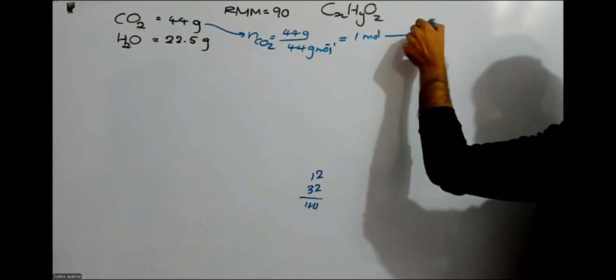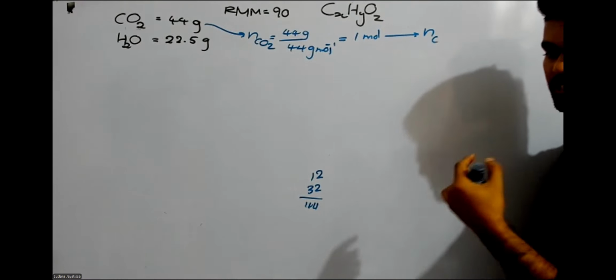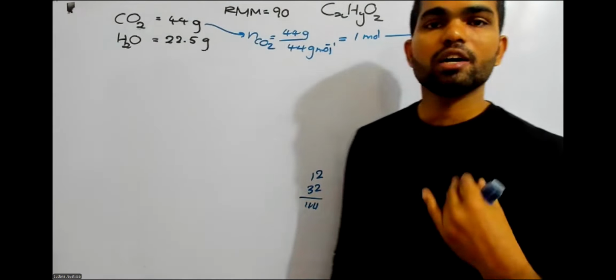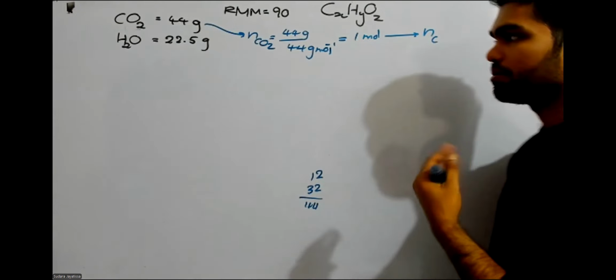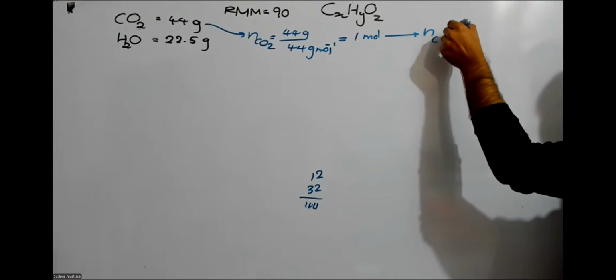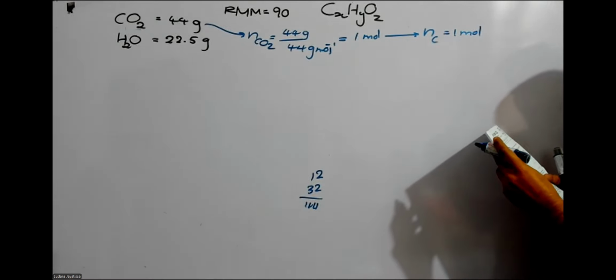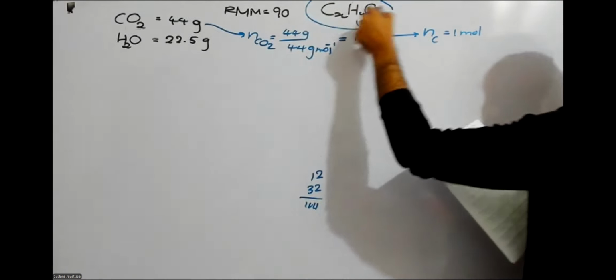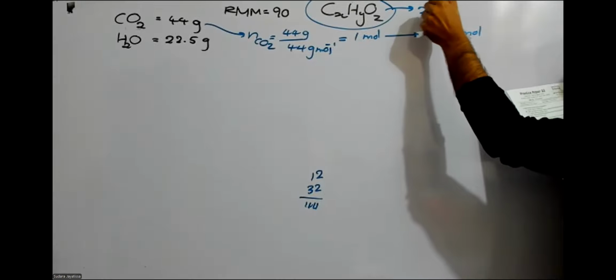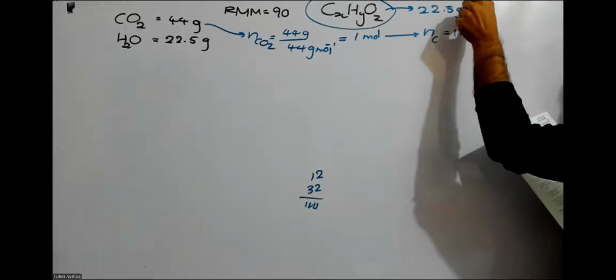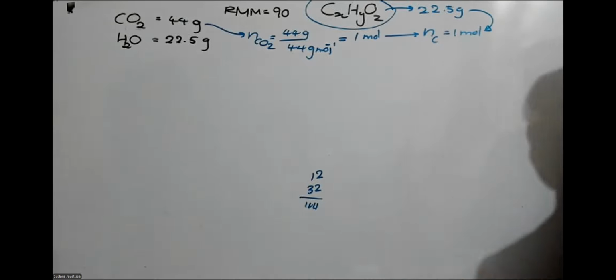Then go to the moles of carbon, because all the carbon in the compound is converted to carbon dioxide. So if you have 1 mole of carbon dioxide, there must be 1 mole of carbon in the sample. They have given us the mass we took for this experiment as 22.5 grams.